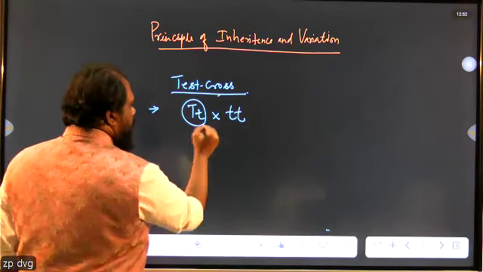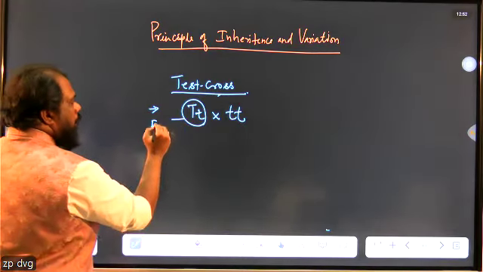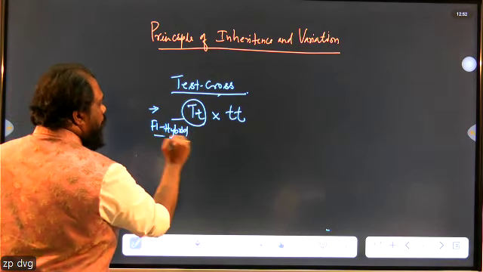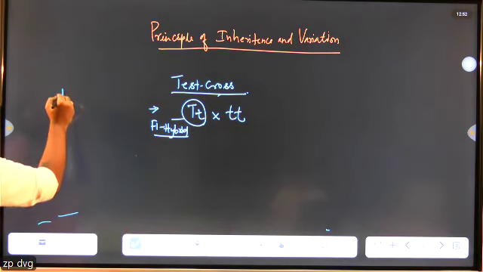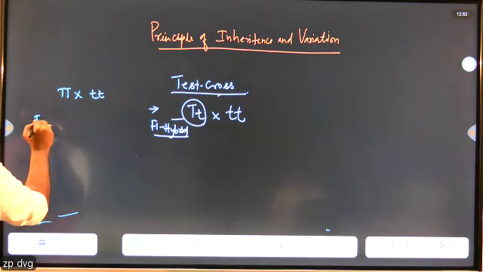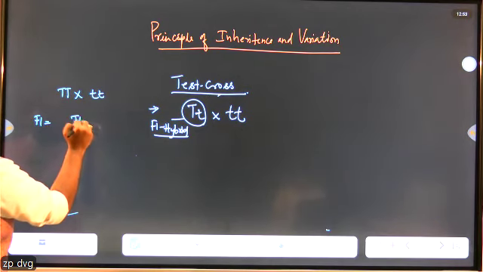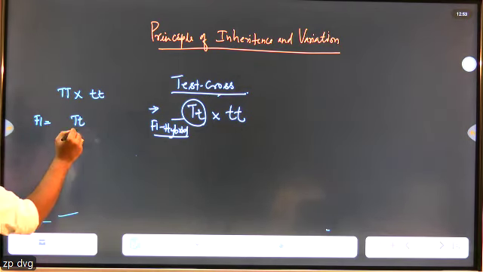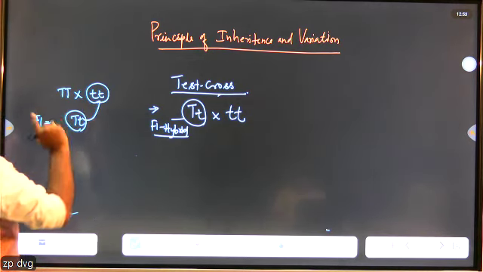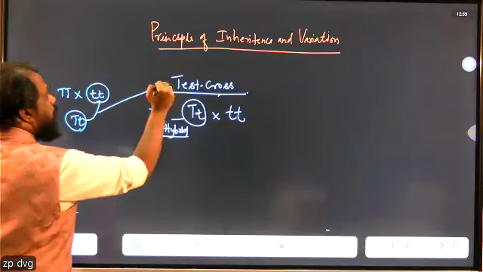Now, capital T, small t is called what? F1 hybrid. Hope you remember the monohybrid cross. When they crossed capital T, capital T with small t, small t, in F1, what you will get? You will get capital T, small t. Now, this capital T, small t is crossed with small t, small t. This is considered to be one of the test cross.